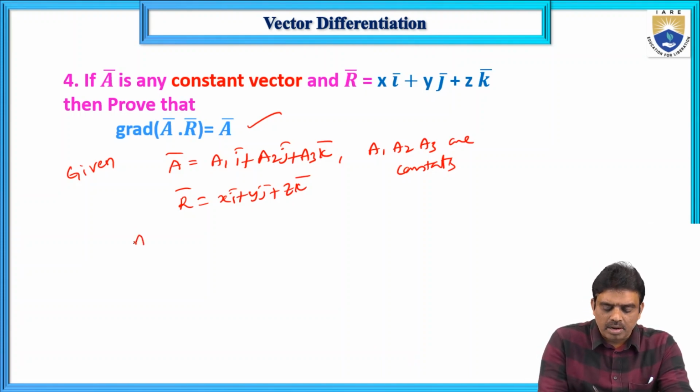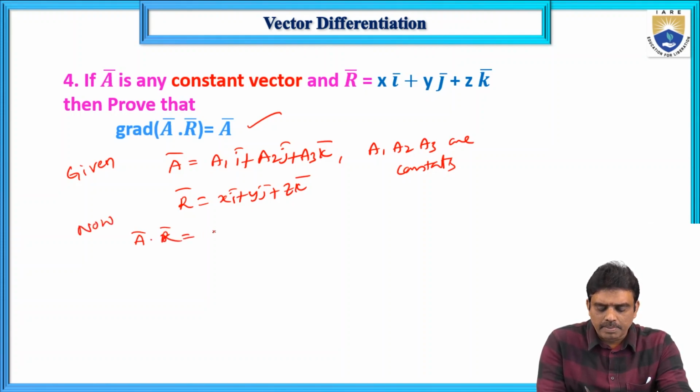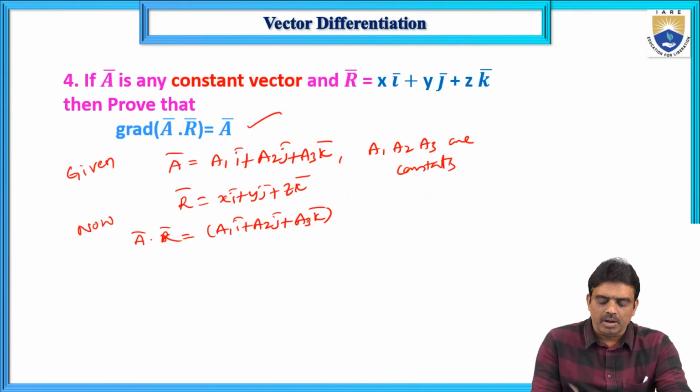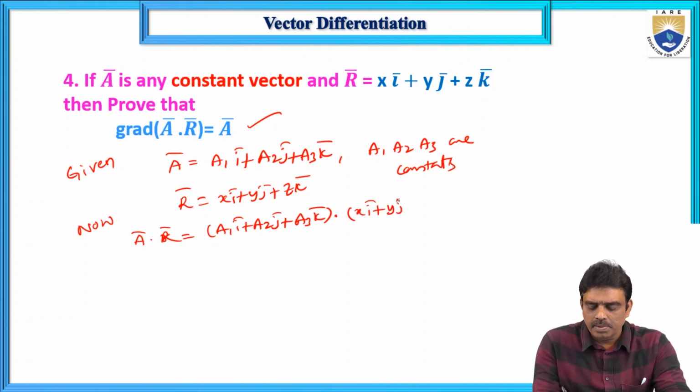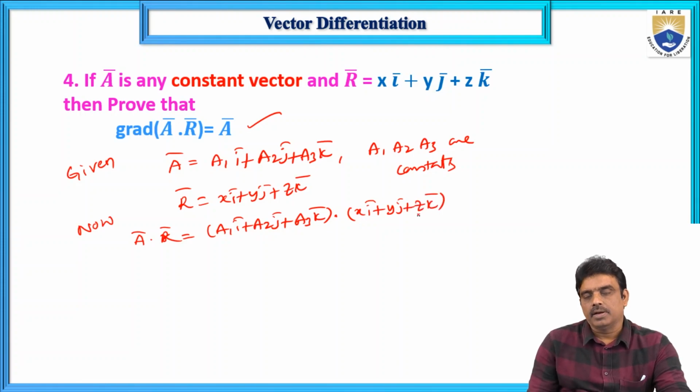Now what is a bar dot r bar? a bar is a1 î plus a2 ĵ plus a3 k̂. a bar dot product with r bar, r bar means x î plus y ĵ plus z k̂.